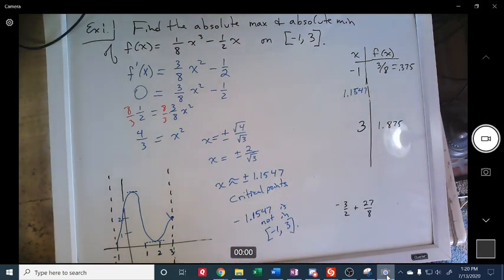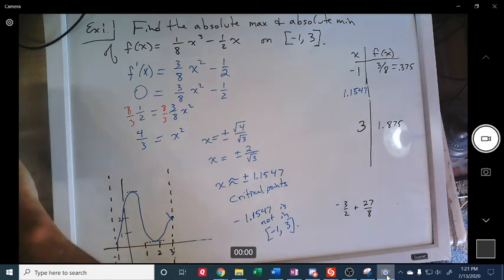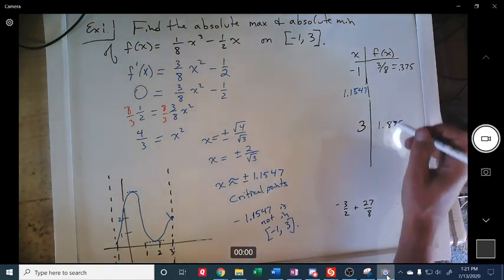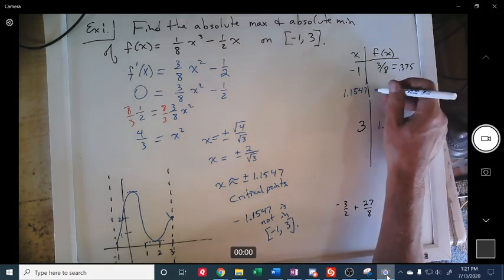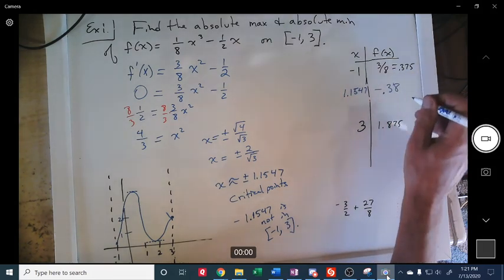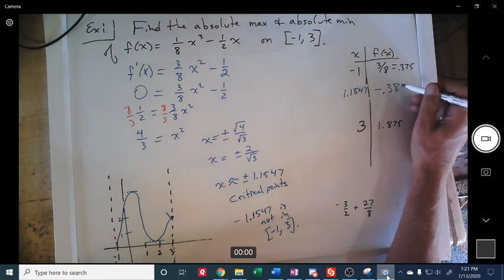So I have the positive 1, and I'm going to take that cubed divided by 8 minus that divided by 2. And I get negative 0.3849.